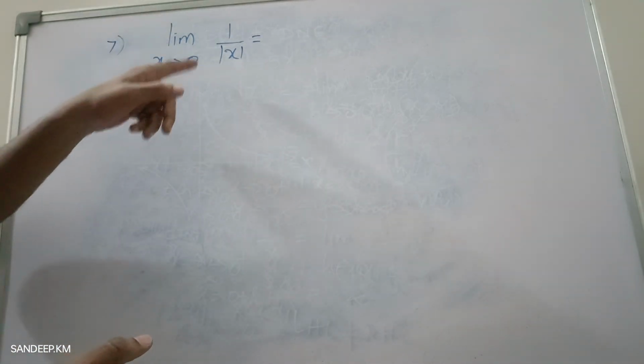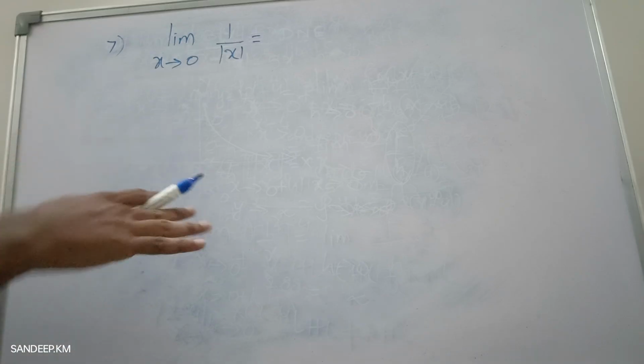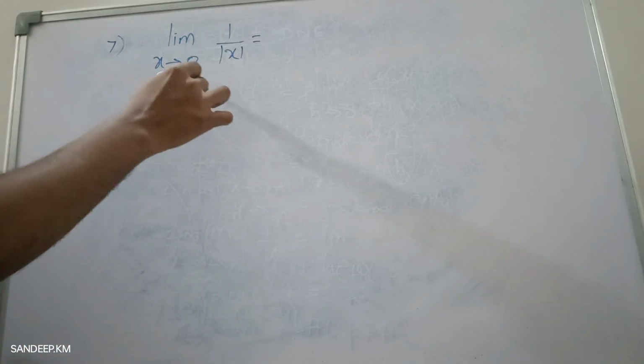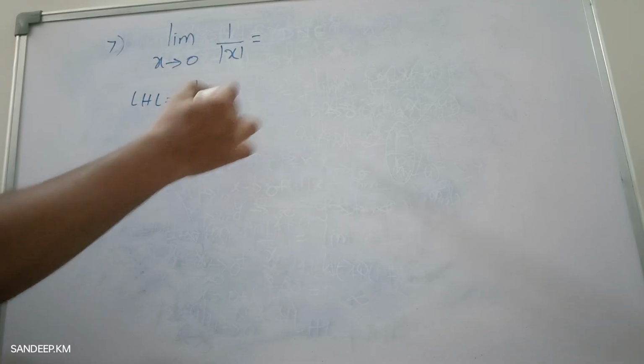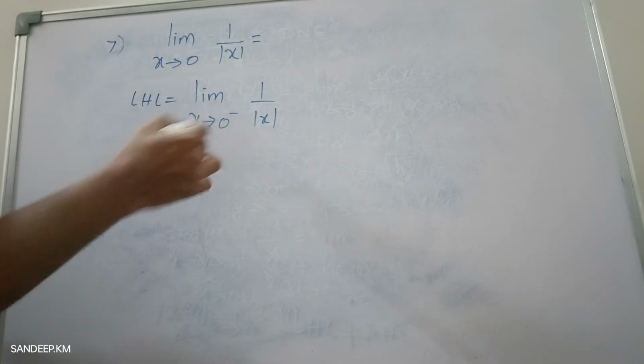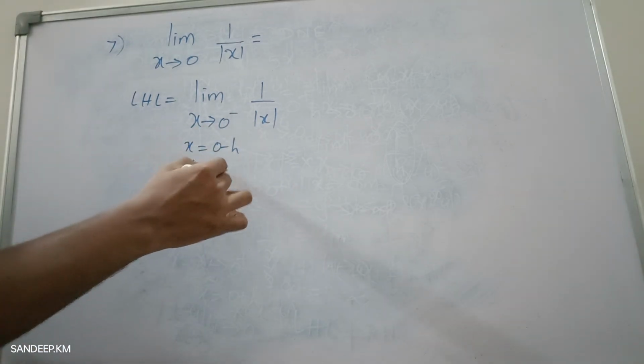Limit x approaches 0, 1 by mod x. See what happens in this question if I find LHL and RHL. So left hand limit is equal to limit x approaches 0 minus 1 by mod x. Right? So x approaches 0 minus means x is equal to 0 minus h, where h is approaching 0.